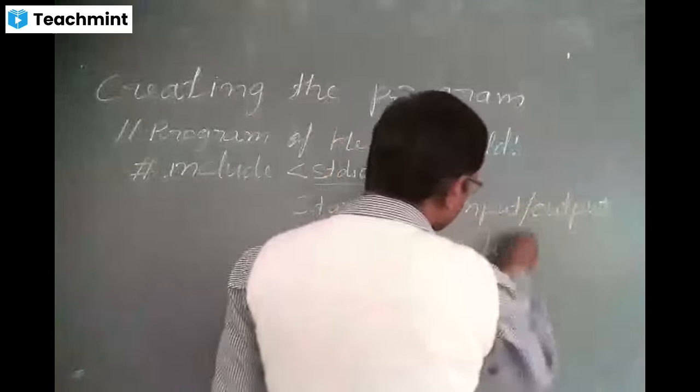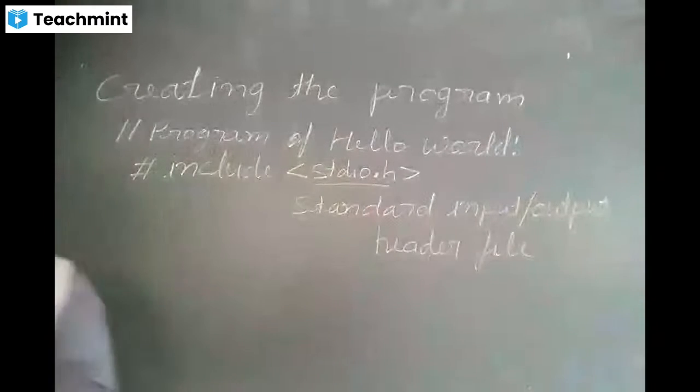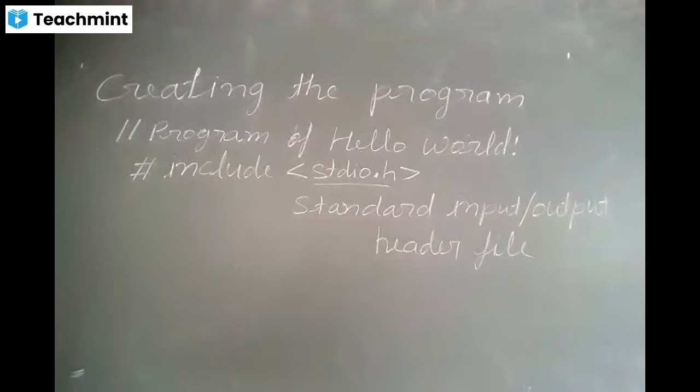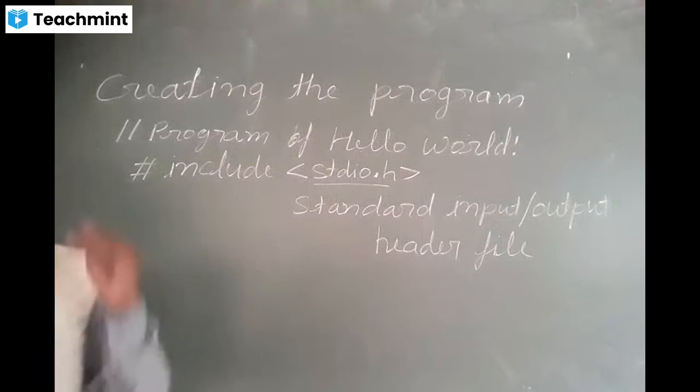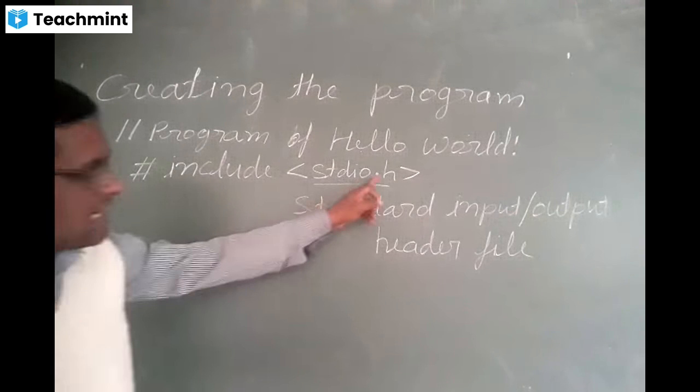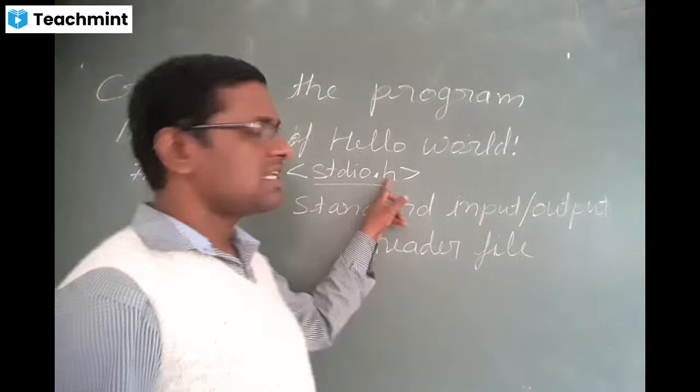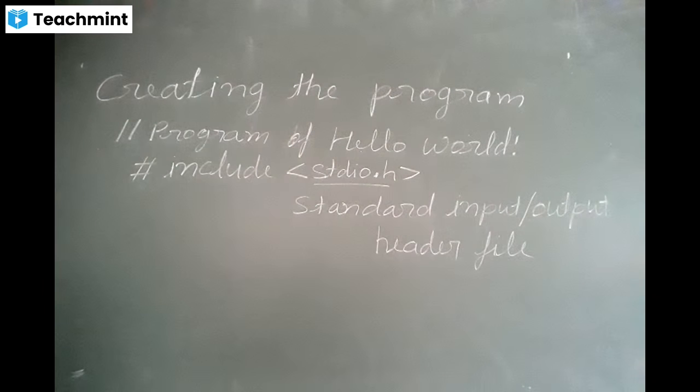The extension represents the type of the file, like in Word, dot doc represents that the file is a document file. Simply, here the dot h represents the header file.